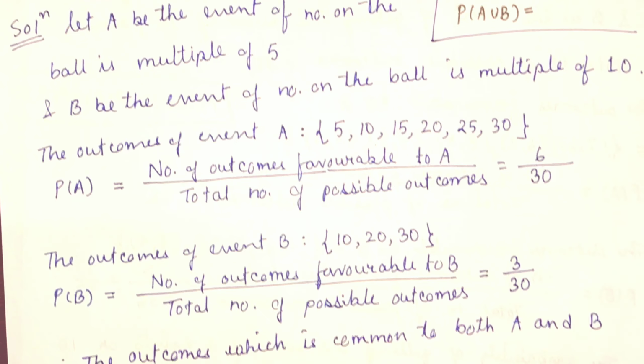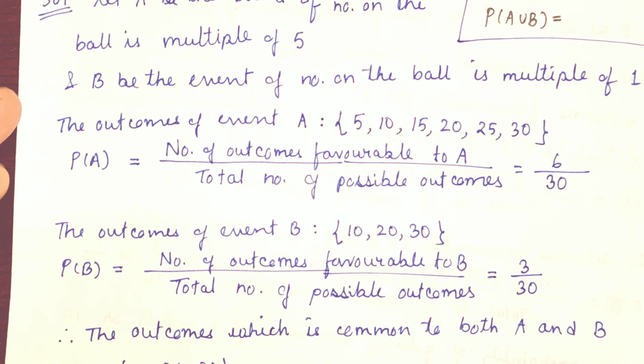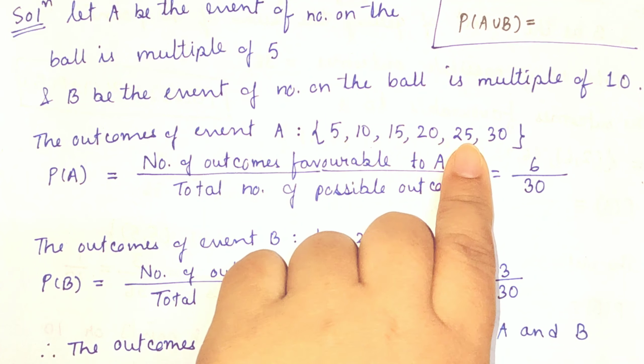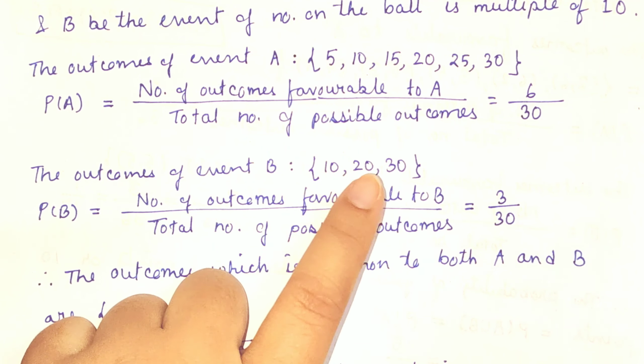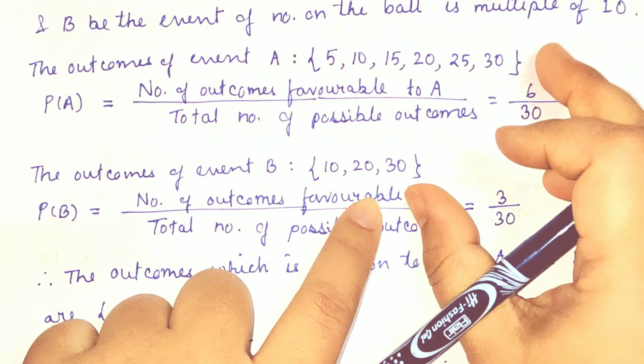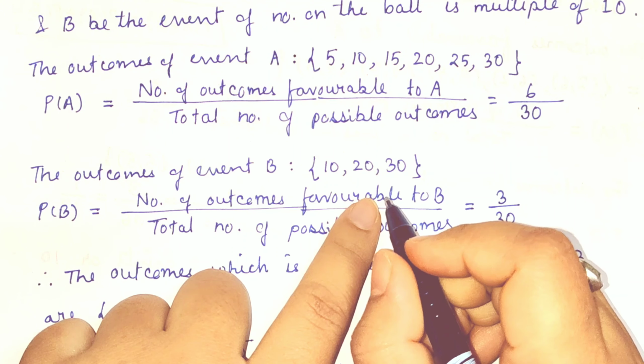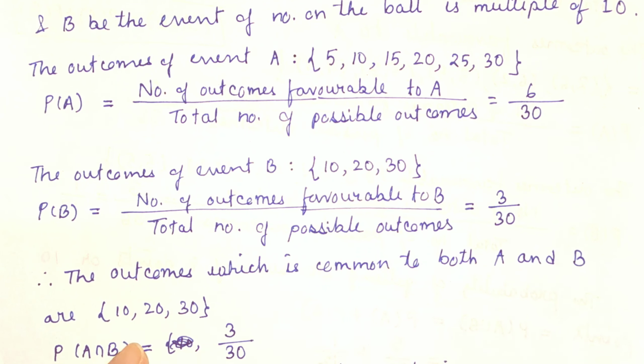So here, first of all, we found which values are favorable to event A and which are favorable to event B. Then we compared these two sets of outcomes. After comparing, we found that 10, 20 and 30 are common to both events.